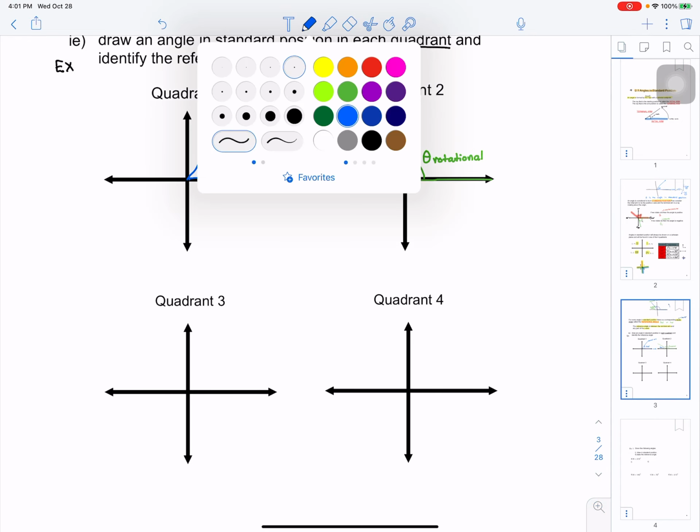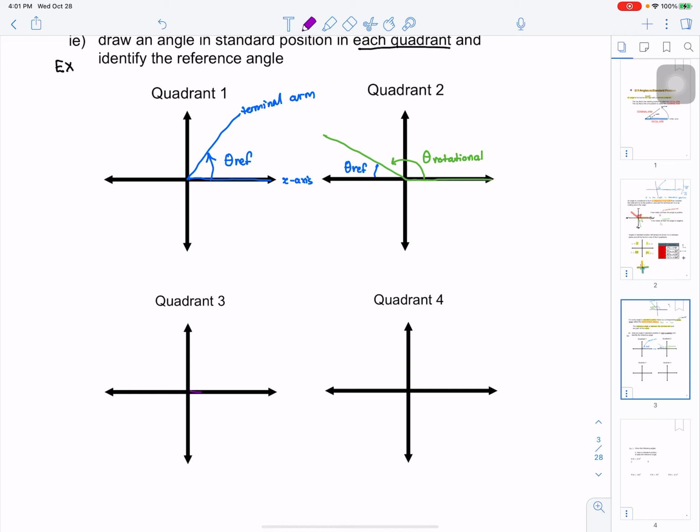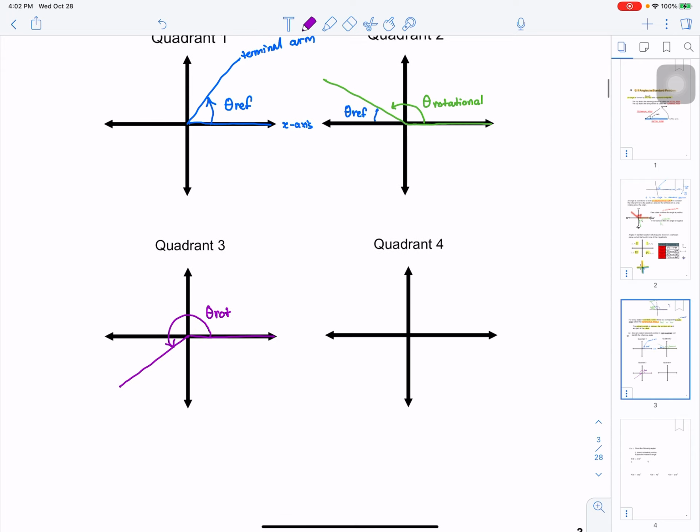If I'm in quadrant 3, I start at my positive x-axis, I rotate, rotate, rotate, and I get somewhere in quadrant 3. I'm moving in a counterclockwise direction, so here is my rotational angle. I'm going to abbreviate it now. And then my reference angle would be from the terminal arm to the x-axis. This would be my theta reference.